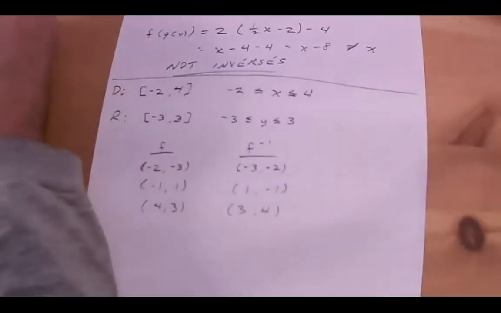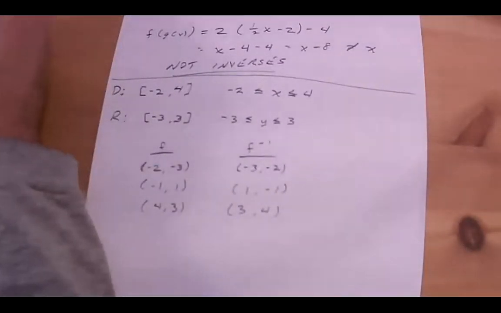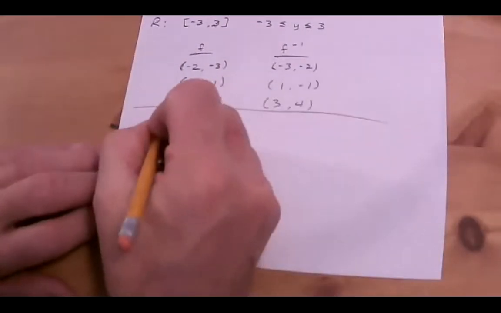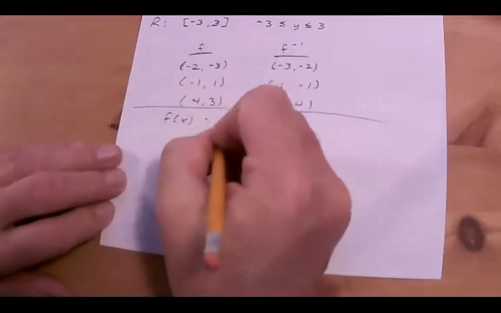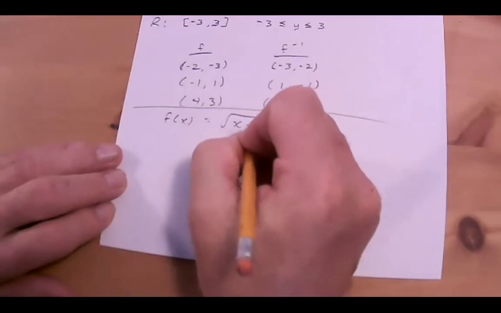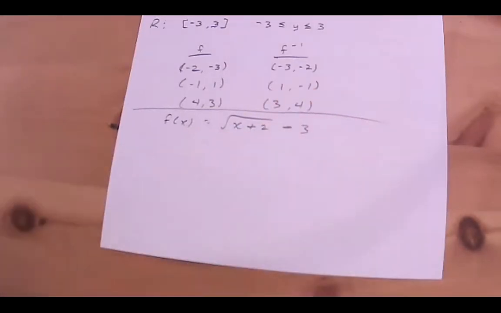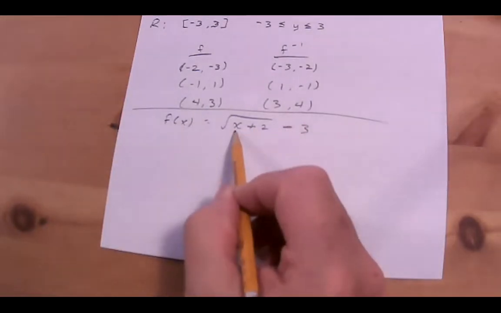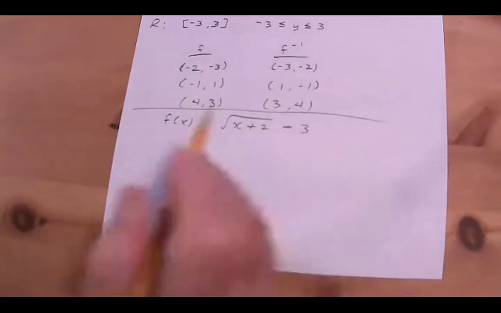I think we had one more to do. It said graph f. Now f, the function, was the square root of x plus 2, minus 3. This is a square root function that's transformed, right? 2 units to the left and 3 down.